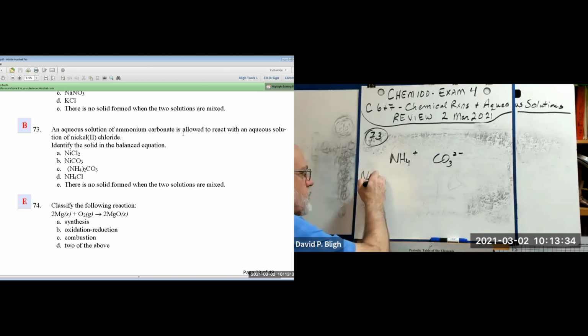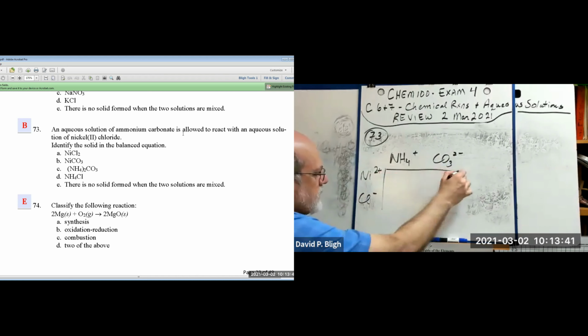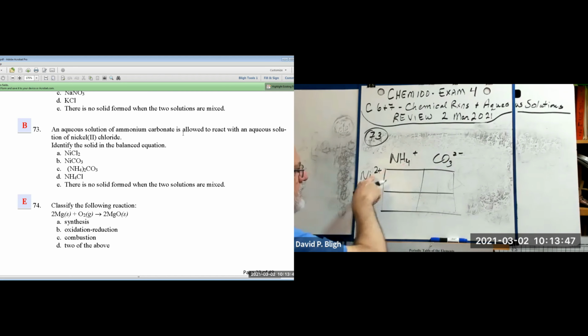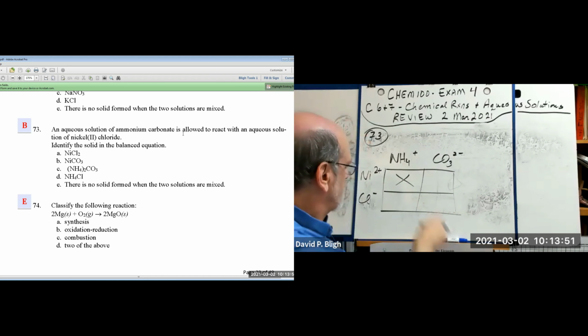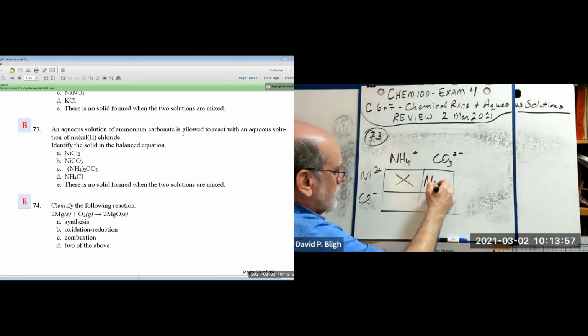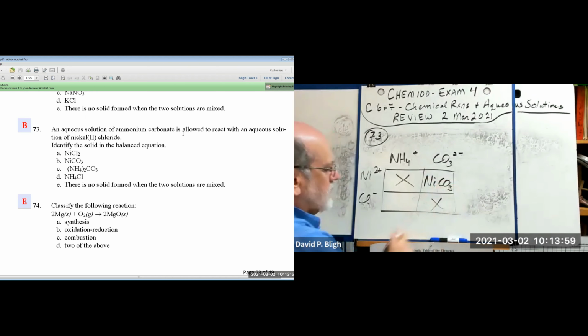So nickel 2 is that, and chloride is that. So we say, how do they interact? Well, ammonium, two cations don't react. Two anions don't react. So we have nickel and carbonate, right? 2 plus, 2 minus.